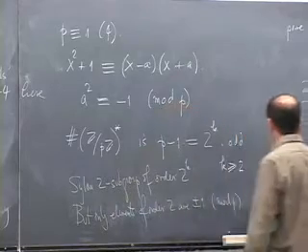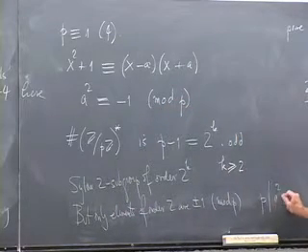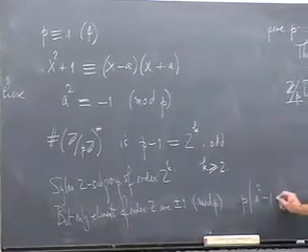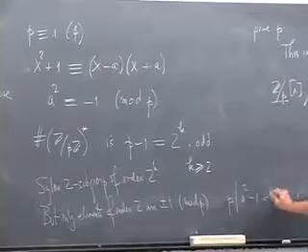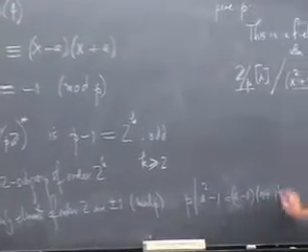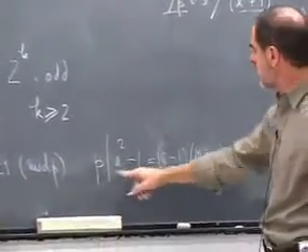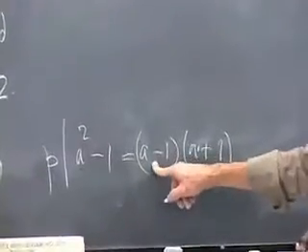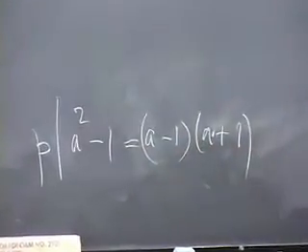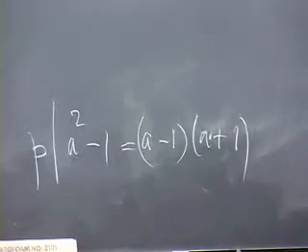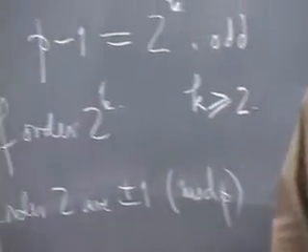Because if p divides a squared minus 1, that would mean it had order 2, then you factor this as a minus 1 times a plus 1. And because p is a prime and it divides this, it has to divide one of these factors. In this case, a is 1. In this case, a is minus 1. So you have a Sylow 2 subgroup of order bigger than 2, right?